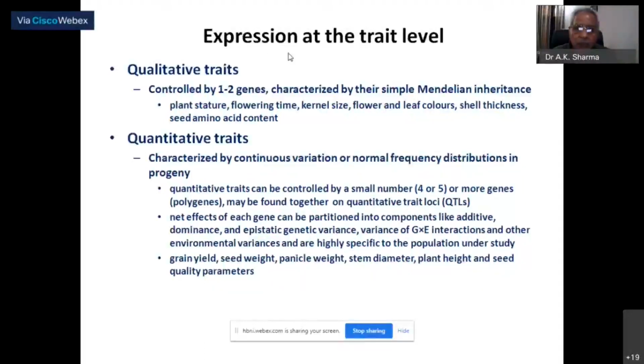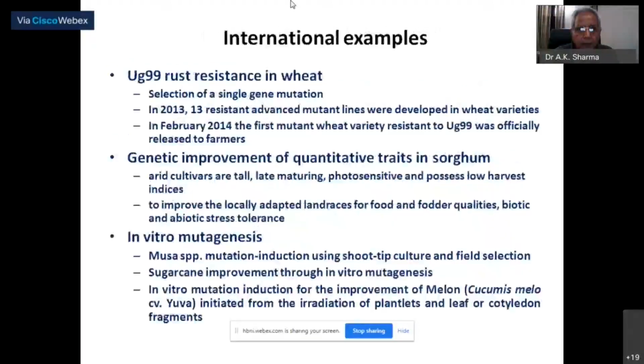Many of the seed quality parameters, for example, how much nutrition it has, the amino acid or protein levels, or some of the nutrients which may be present in the seed, are all quantitative traits.